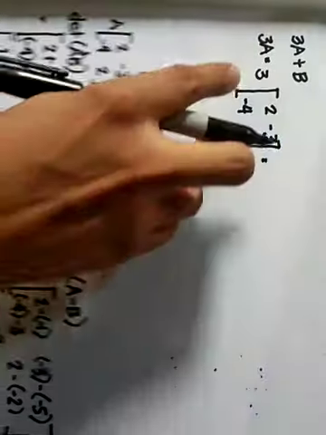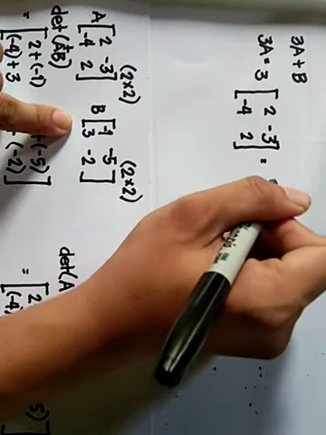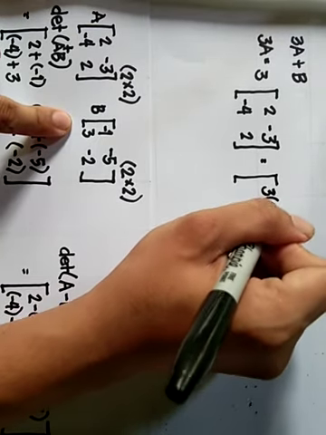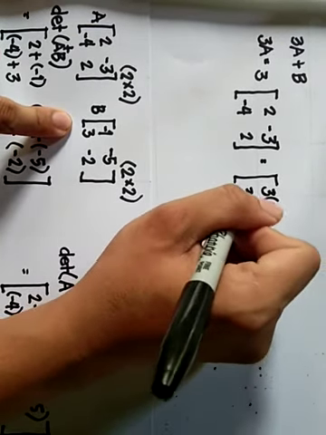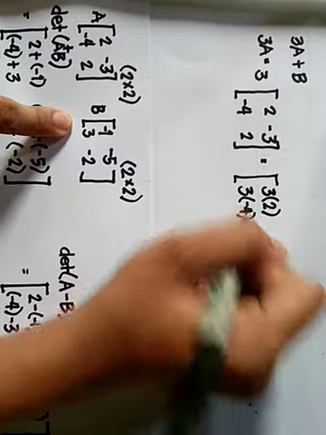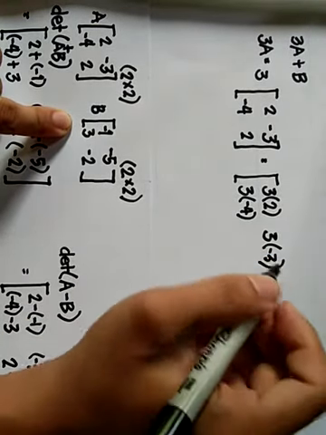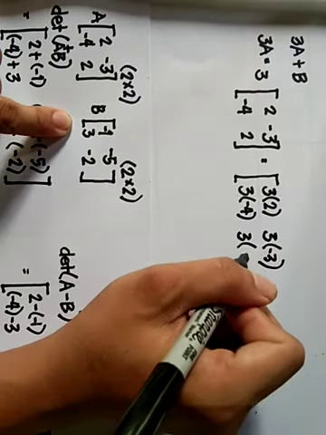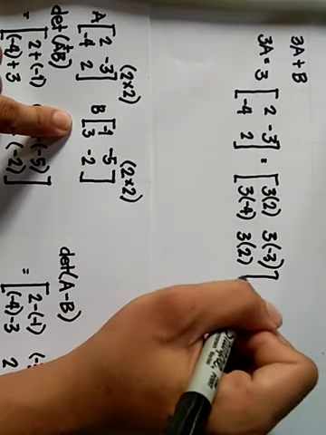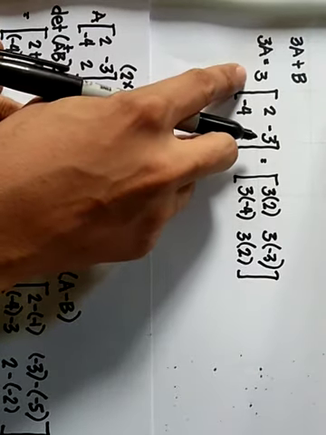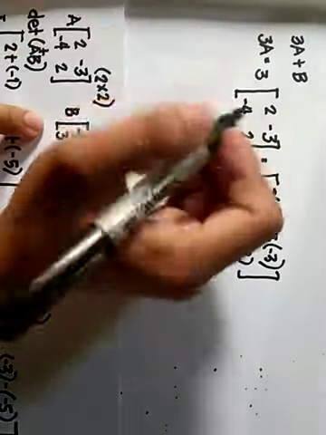So we will have 3 times 2, and then 3 times negative 4, and then 3 times negative 3, and then 3 times 2. So lahat ng nasa loob ng ating matrix will be multiplied by 3 to determine yung ating 3A.